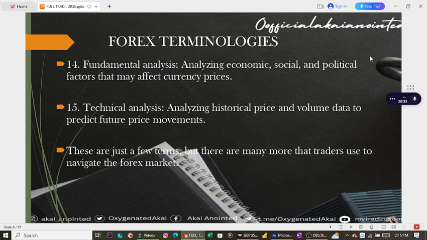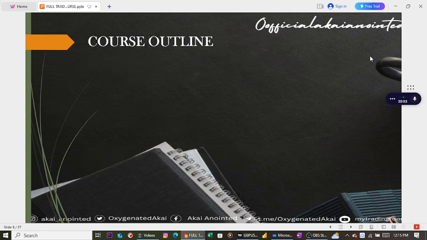Those are the things we use for technical analysis to determine the next move of price. These are just a few things, and there are also others that we can always look out for.